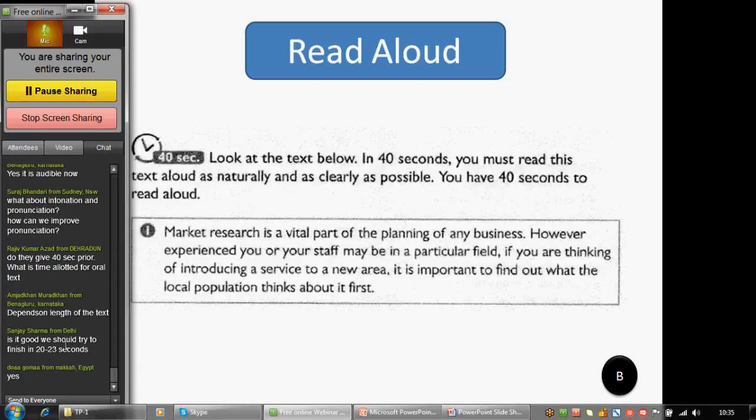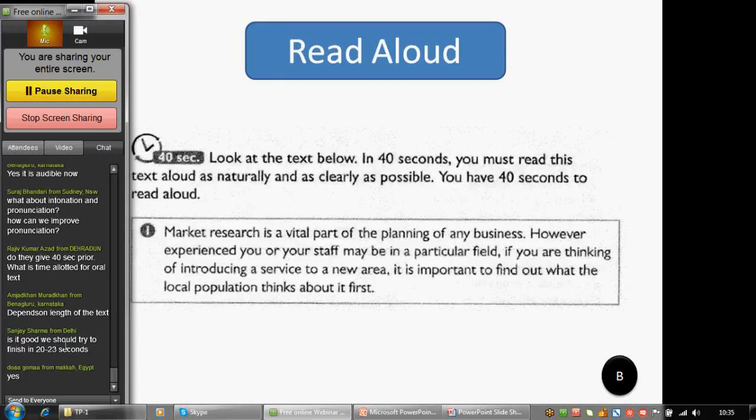It's good to finish within 20, 22 or 30 seconds if the text is long. Sometimes the text that appears to you might be only 2 lines. They do give some time to understand which words are difficult to pronounce, and then you need to deliver it immediately, sometimes in 20 seconds.